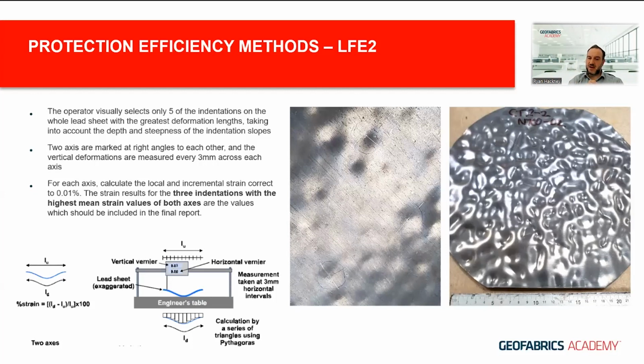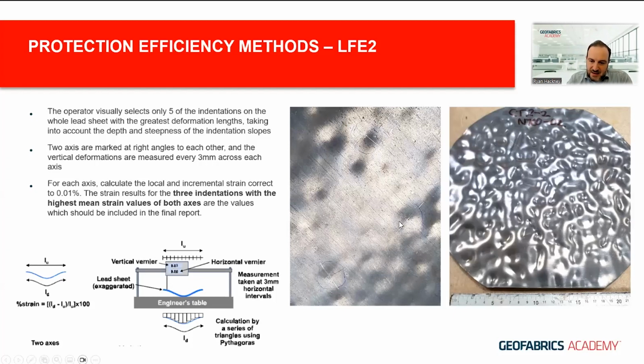If you've got a low stress and a geotextile that's well cushioning the material, the membrane, you can end up with quite light indentations. You can see an example on the left picture there. If you look closely, you can see those crosses and those circles that are marking the indentations.